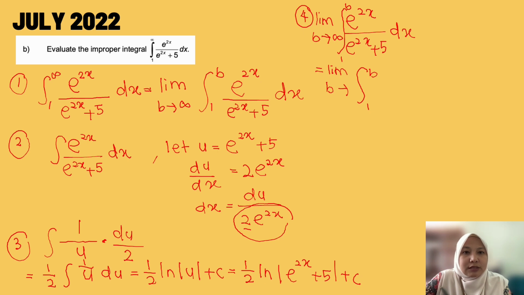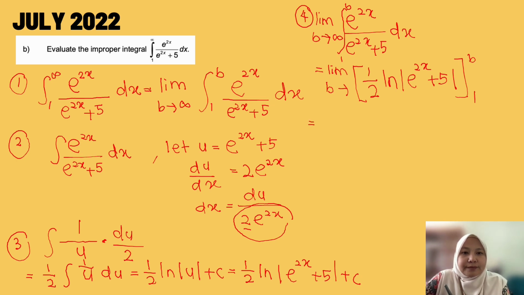Our solution just now, so here we do not have the integral anymore because we already solved the integration. So we have bracket, the answer 1 over 2 natural log exponent 2x plus 5. No more plus c because we have the boundary here from 1 until b.